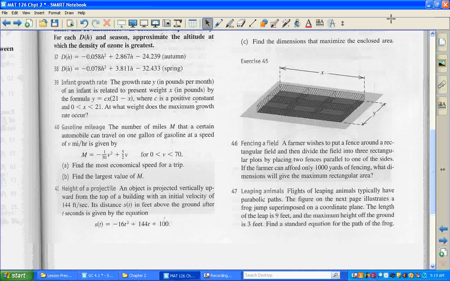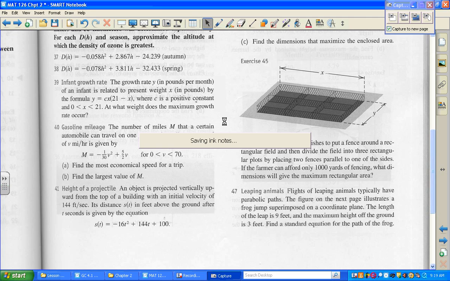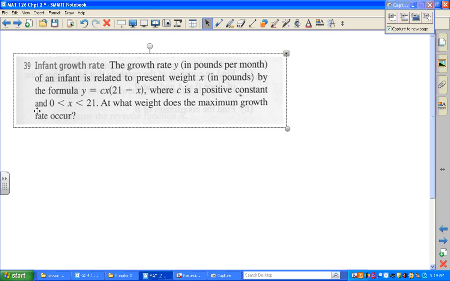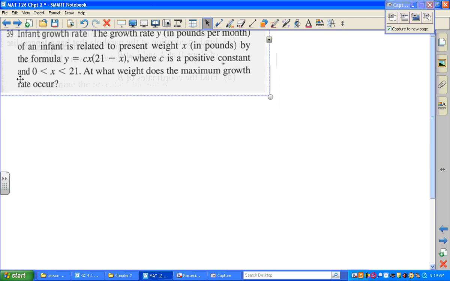The growth rate. Ooh, this looks hard. The growth rate in pounds per month of an infant is related to the present weight in pounds for blah, blah, blah, where C is a positive constant between 0 and 21. At what weight does the maximum growth occur? What's C stand for? Oh, positive constant.